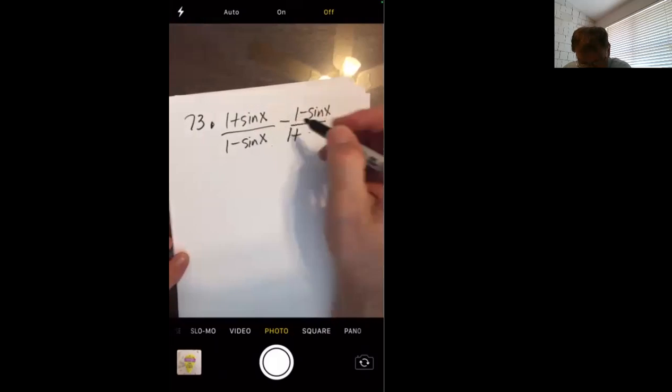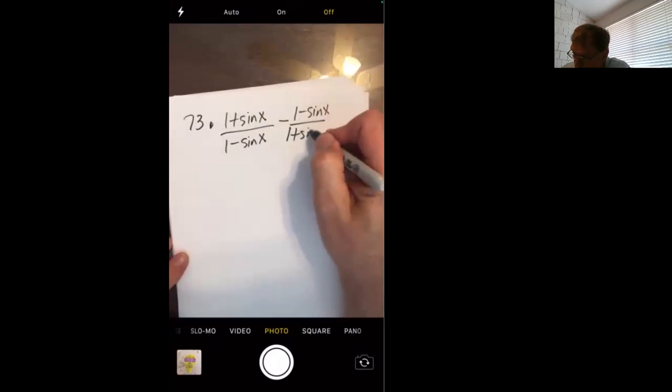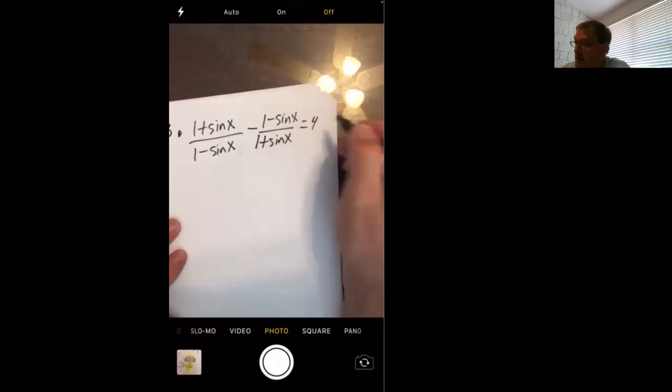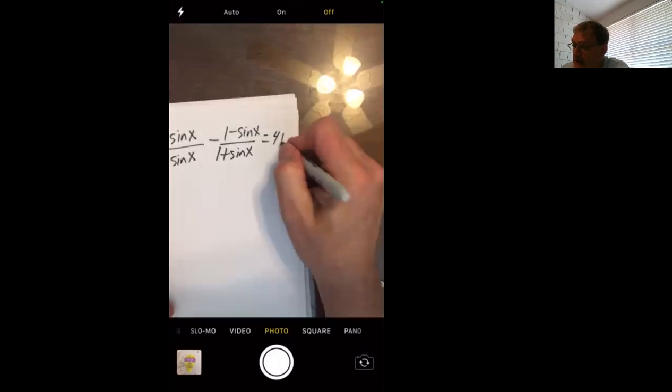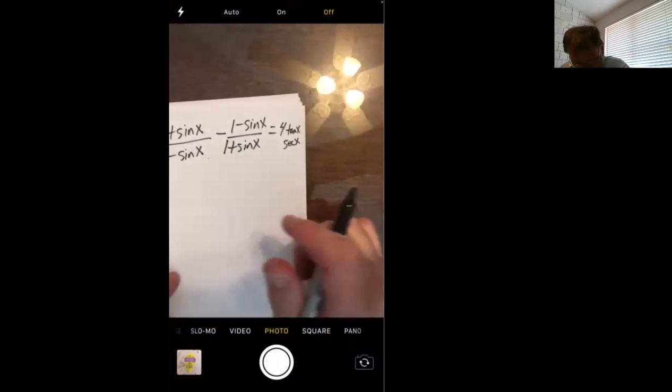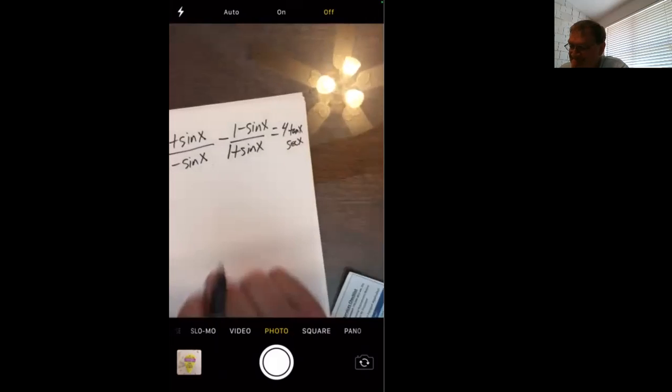It's the reverse of this one. It comes up equal to 4 tangent secant, the product of 4 tangent and secant. Make sure I've copied it right.